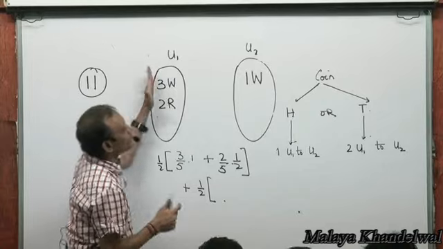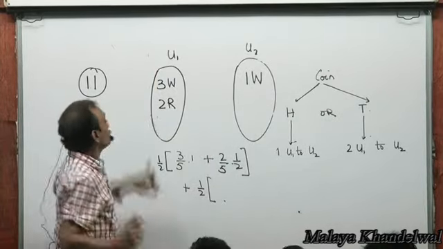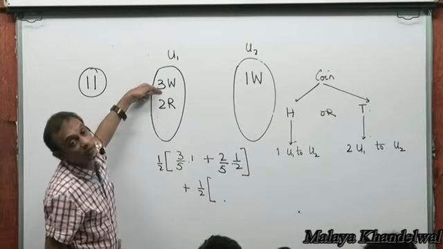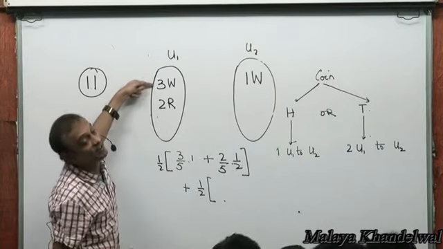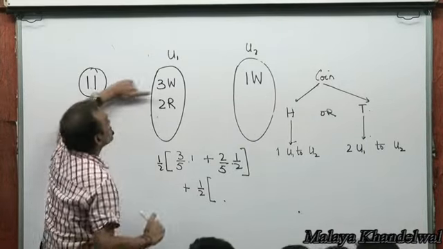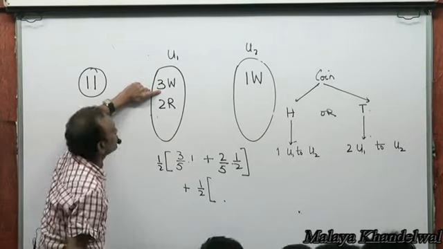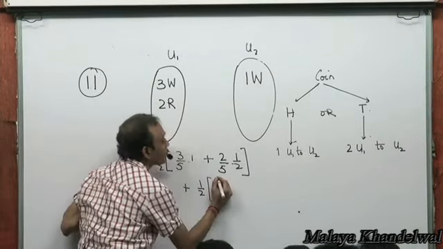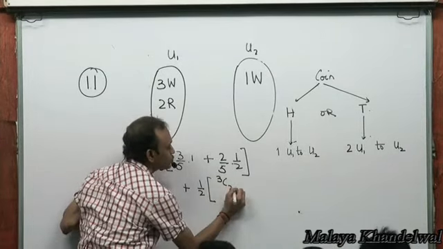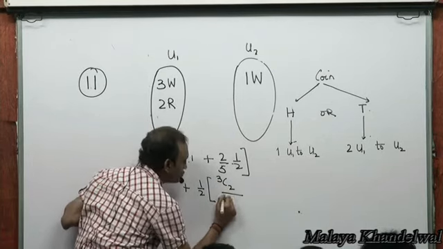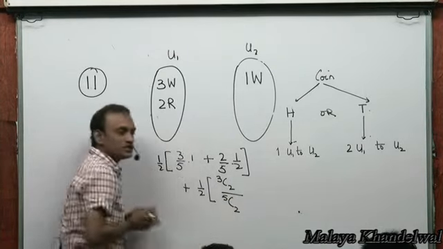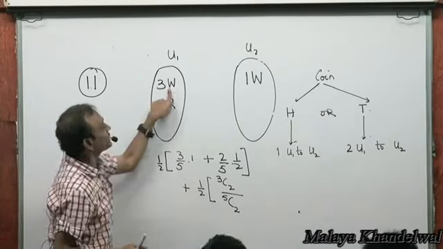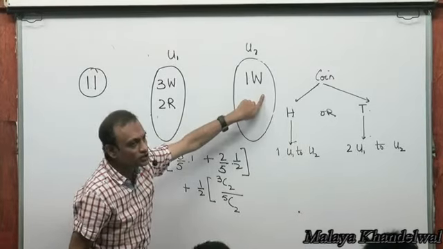Now 2 balls are drawn from U1 to U2. The 2 balls could be 2 white balls or 2 red balls or 1 white or 1 red ball, right? Suppose 2 white balls are drawn. The probability that the 2 balls are white is 3C2 divided by 5C2. That is the probability that 2 white balls are transferred into this.